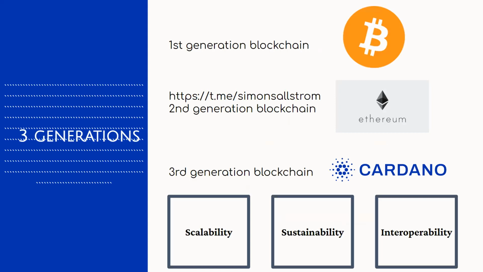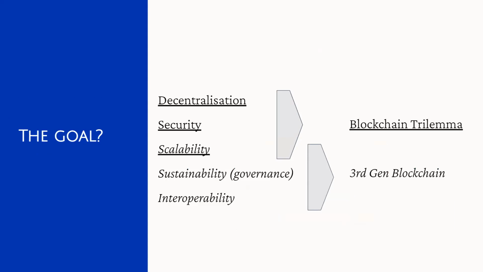So to solve that, there are 3rd generation cryptocurrencies. Bitcoin is 1st generation, Ethereum is 2nd generation, and there's a 3rd generation of blockchain. One example is Cardano. What they try to do is be sustainable, scalable, and interoperable. So basically, we have these 3: decentralization, security, and scalability.